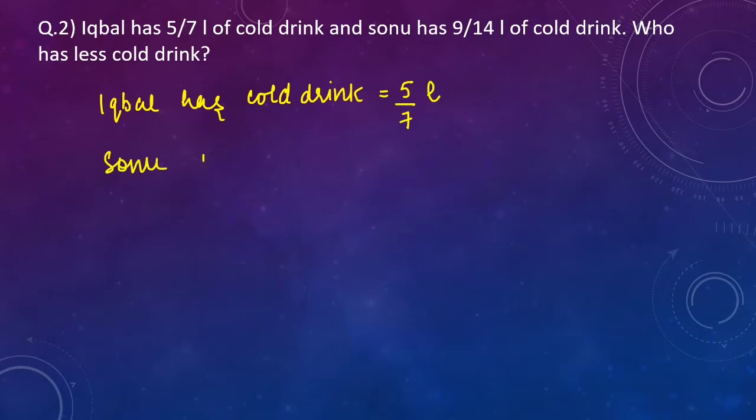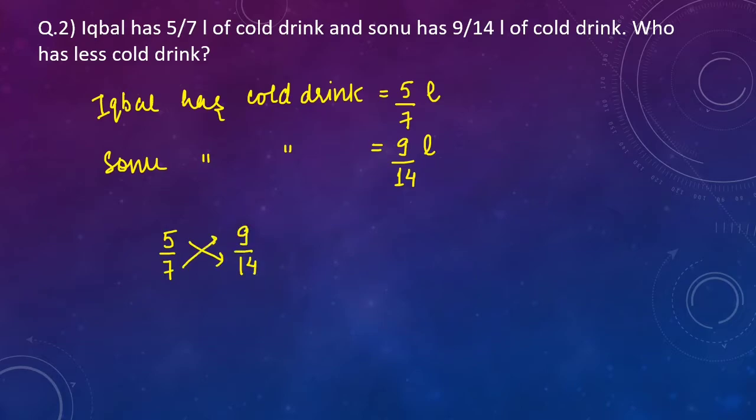Sonu has cold drink equals to 9/14 liter. Again, to find out who has less cold drink, we have to compare these two fractions. So 5/7 and 9/14.